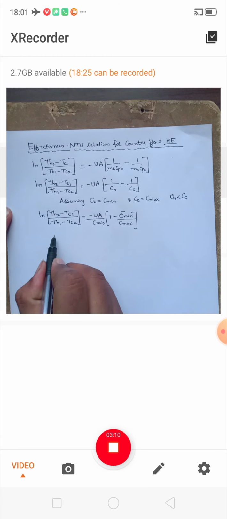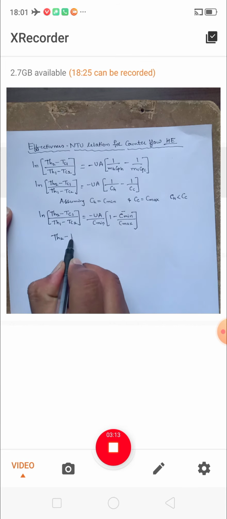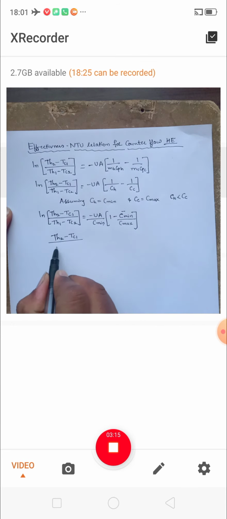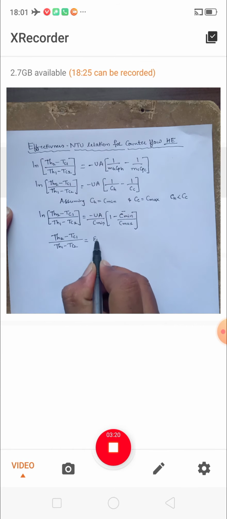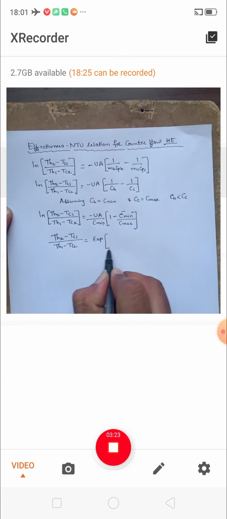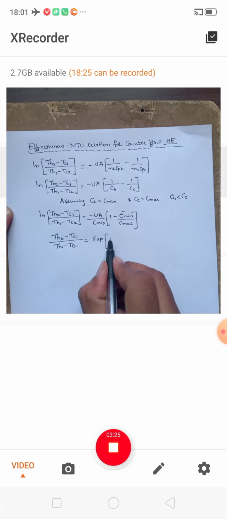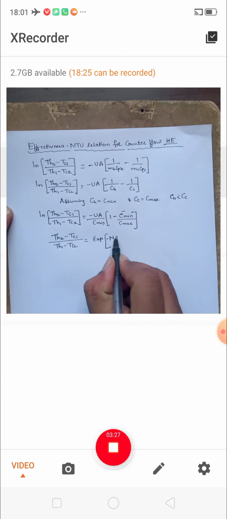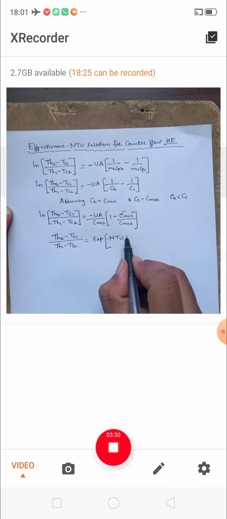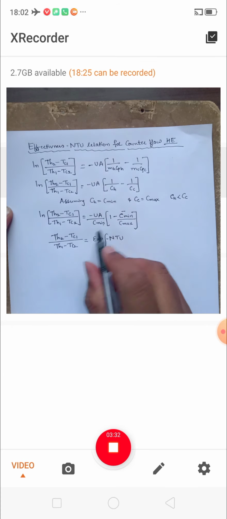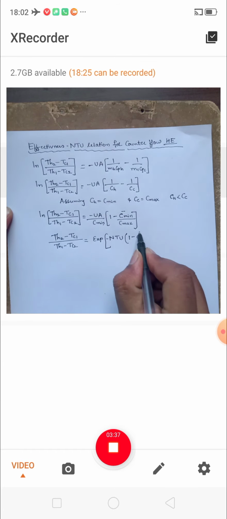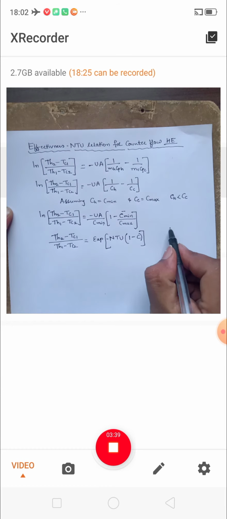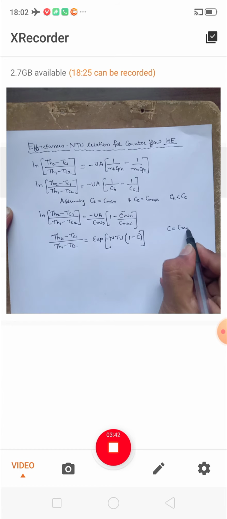So this equation I will write: (TH2 minus TC1) divided by (TH1 minus TC2) equals exponential of minus UA divided by C minimum, given by NTU, where NTU, number of transfer units, is UA divided by C minimum, times (1 minus C minimum divided by C maximum). I can write it as 1 minus C, where capacity ratio C is equal to C minimum divided by C maximum.